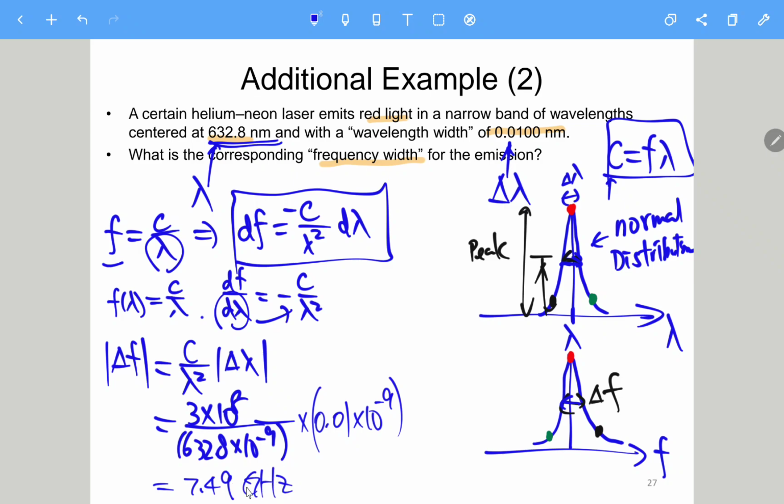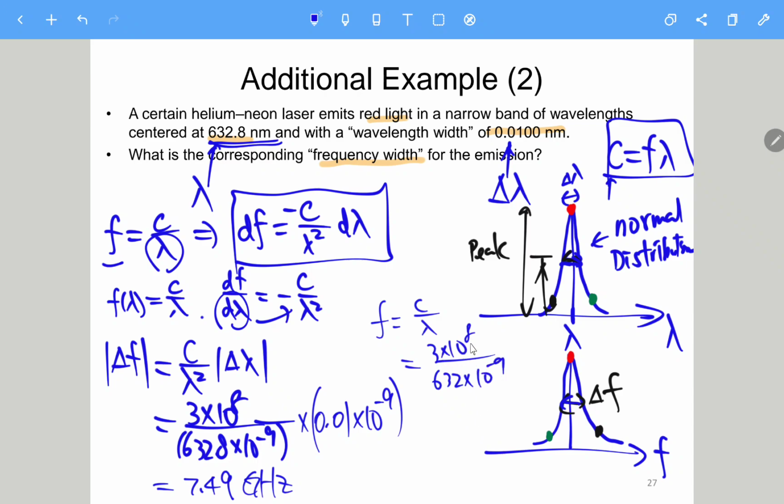Actually, it seems very large because this is 10 to the 9th power, but actually the frequency here is even higher. You can just try to guess the number. Okay, so f equals c over lambda, which is 3 times 10 to the 8th power over 632 times 10 to the negative 9 power. The 0.8 we just ignore.